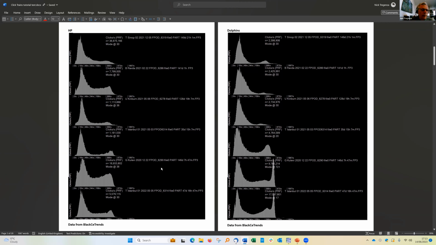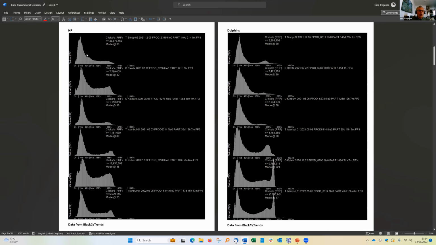So this is data from the Black Sea Trends project, where Ukraine, Georgia, Turkey, Bulgaria, and Romania have been deploying FPODs. And in the left panel here, we've got 6 different FP3 files with their porpoise detections. And this is the distribution of click rates.